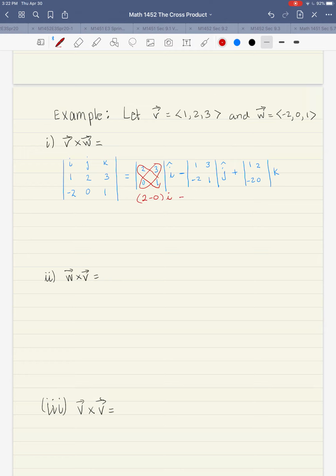And now when we do the products, we get 2 minus 0, 1 minus a negative 6 in the j direction, plus 0 minus a negative 4.